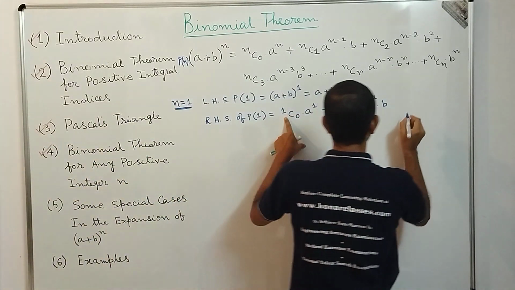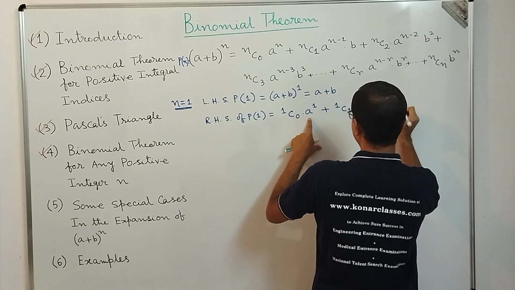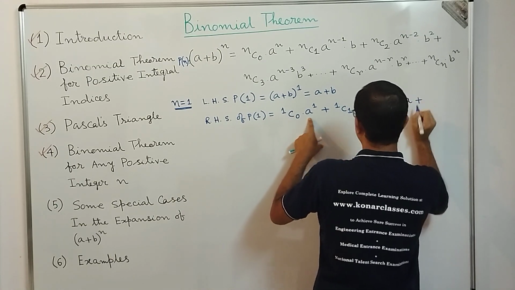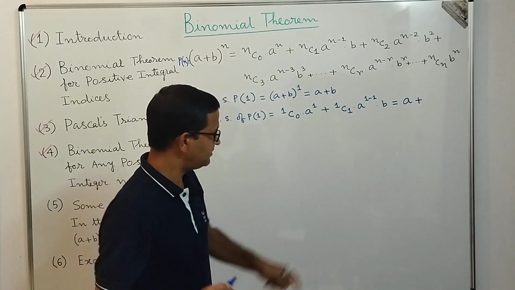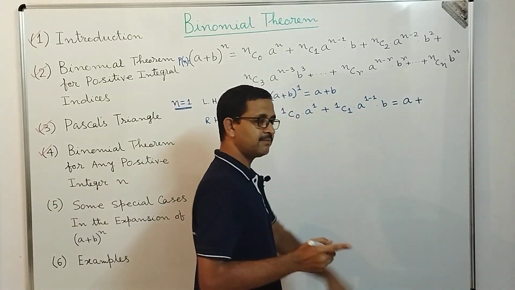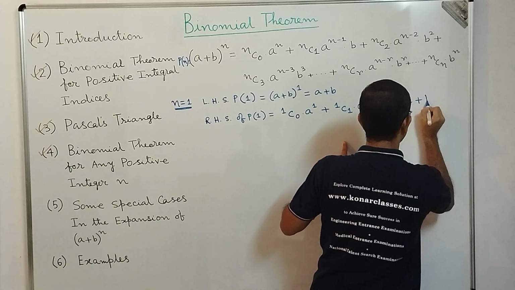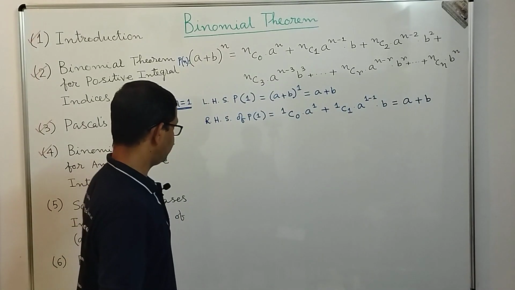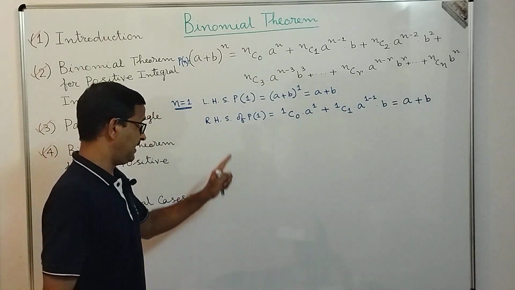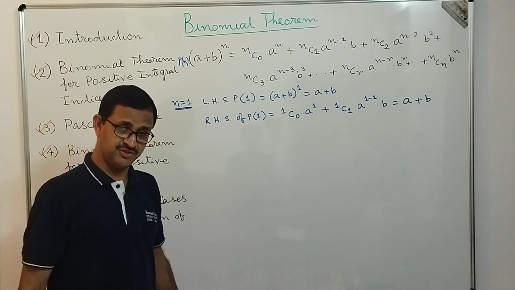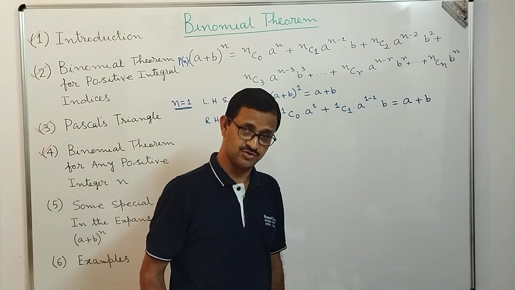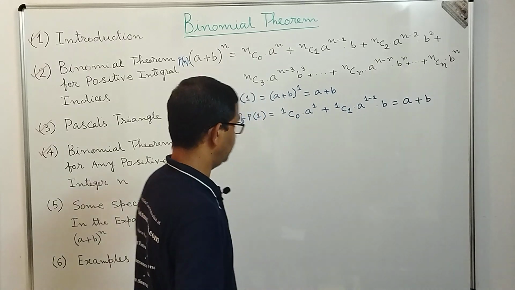So 1C0 is equal to 1, a^1 is a, plus 1C1 is also 1, and a^(1-1) is a^0, that is 1, into b, that means a + b. So for n equal to 1, the left hand side of P1 is equal to the right hand side of P1. So we say that P1 is true.